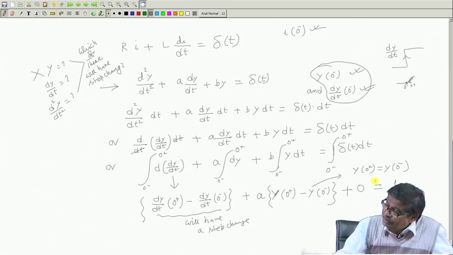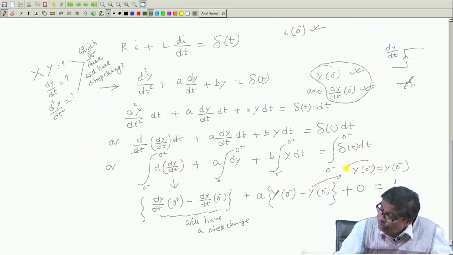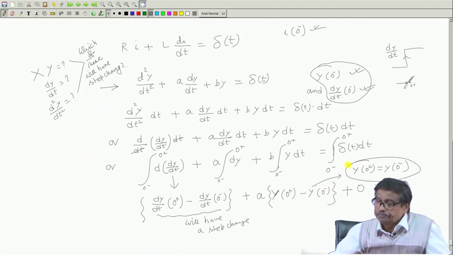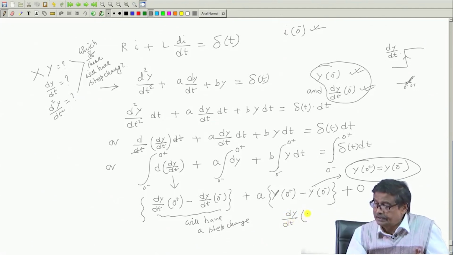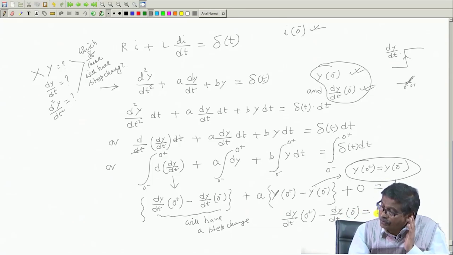So y 0 plus has to be equal to y 0 minus, and therefore, very interesting, dy dt 0 plus minus dy dt 0 minus must be equal to 1.